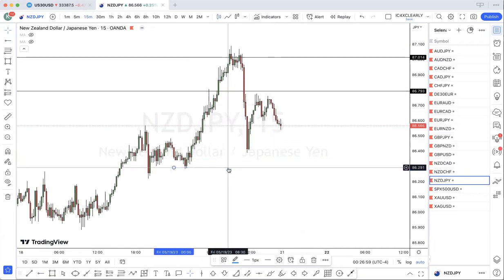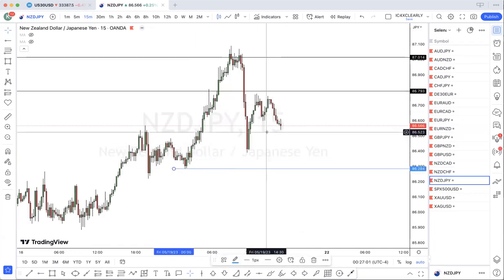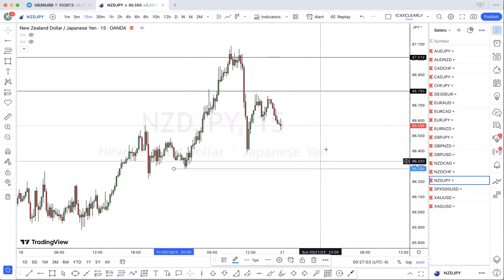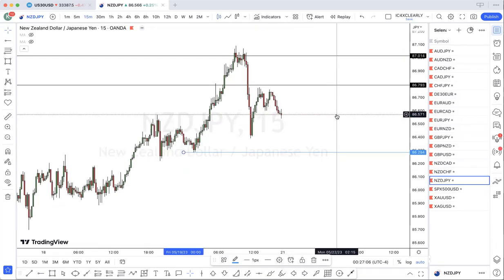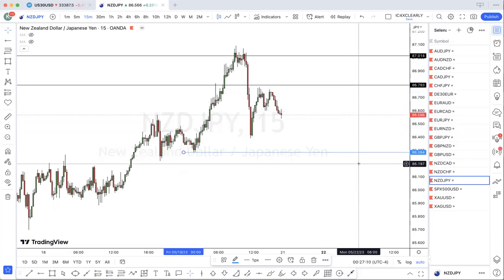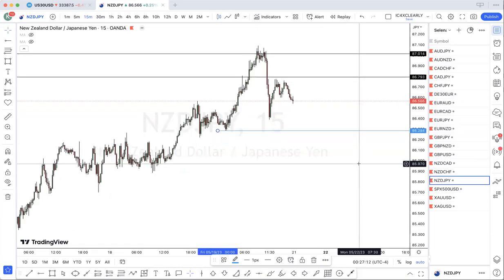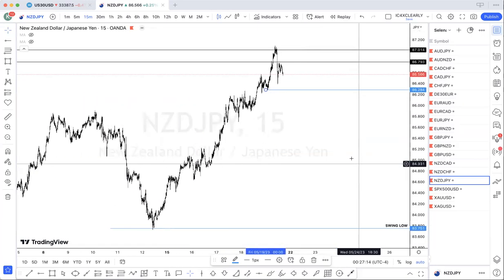Once price breaks this low here, we should expect a pullback and then a continuation of a sell down.